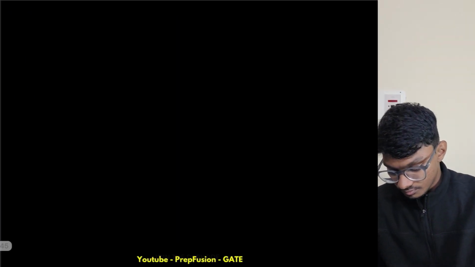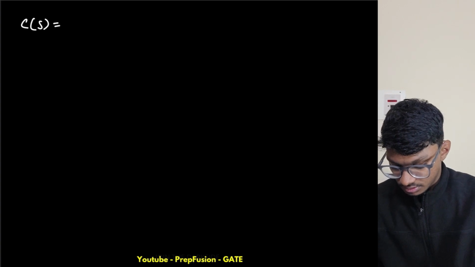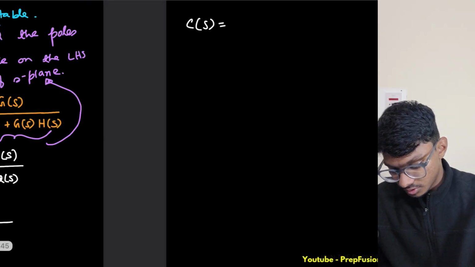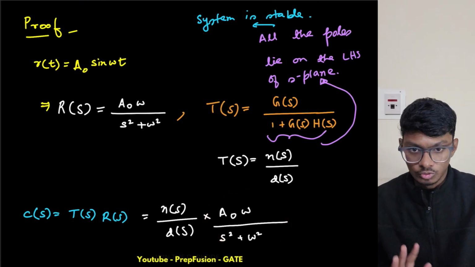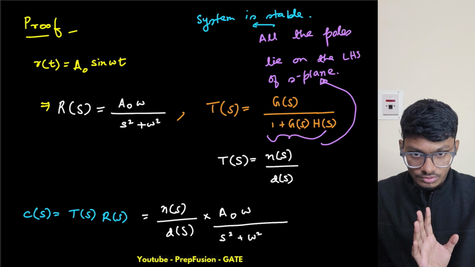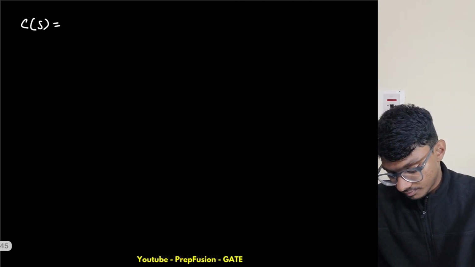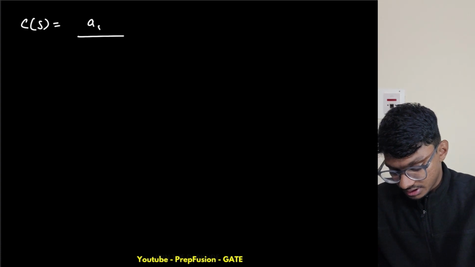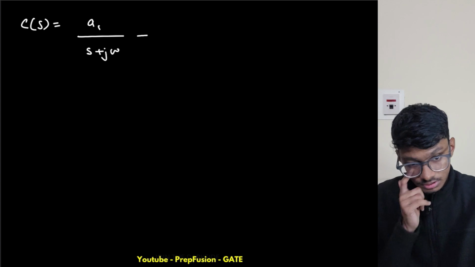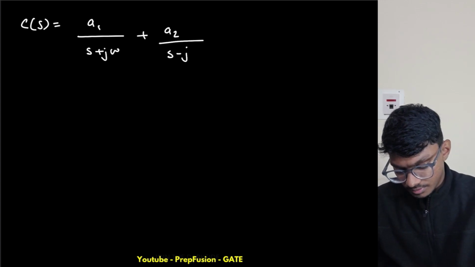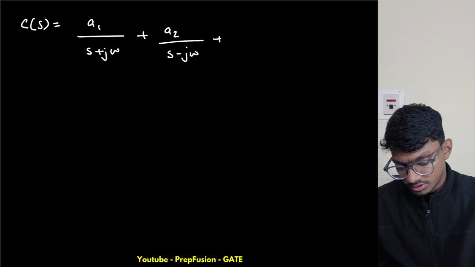So this C of s, further I can simplify it like this one. There will be two terms due to this one. I'm not messing around with this one, I'm just keeping it as it is. Let's name this as a1 over s plus j omega, and then this one as a2 over s minus j omega. And what about this one?